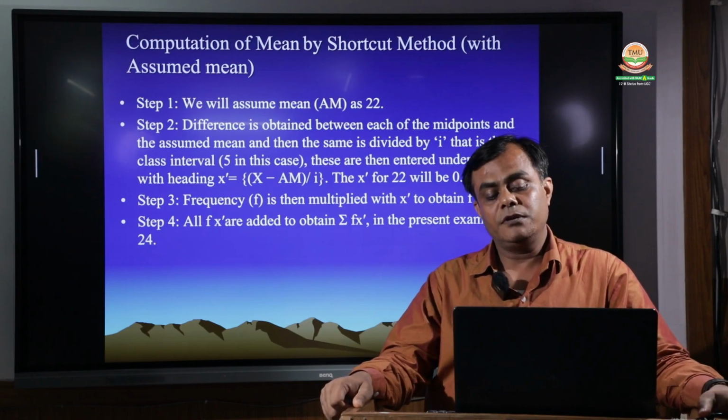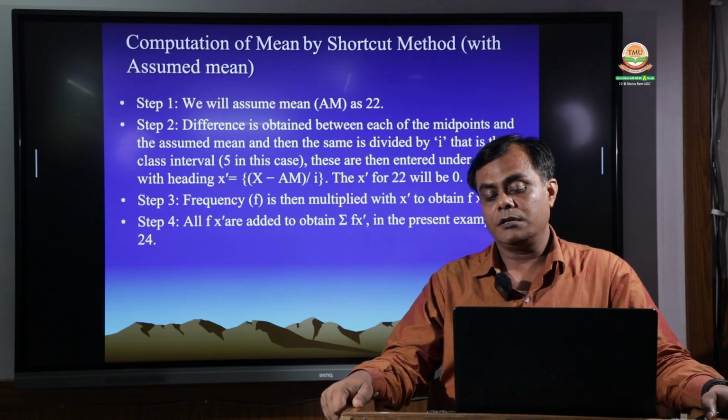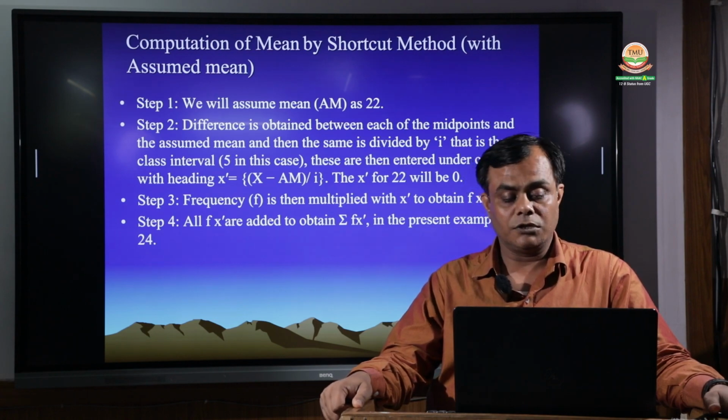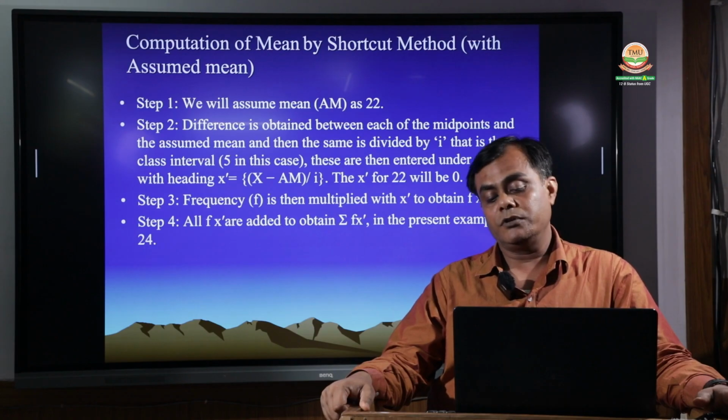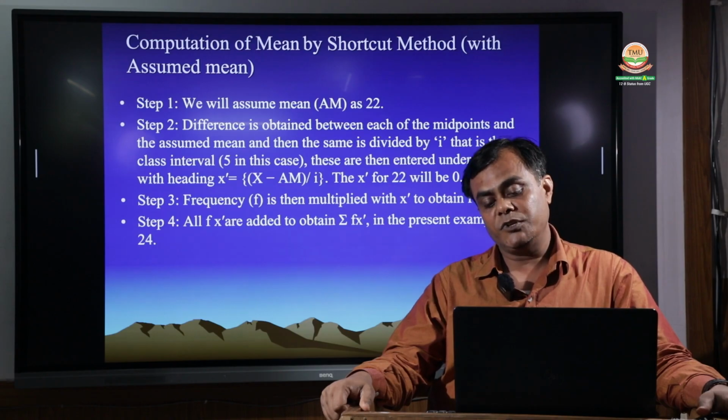These are entered under the column heading x' equal to x minus AM divided by I. So x' at the assumed mean, that is 22, will be 0.